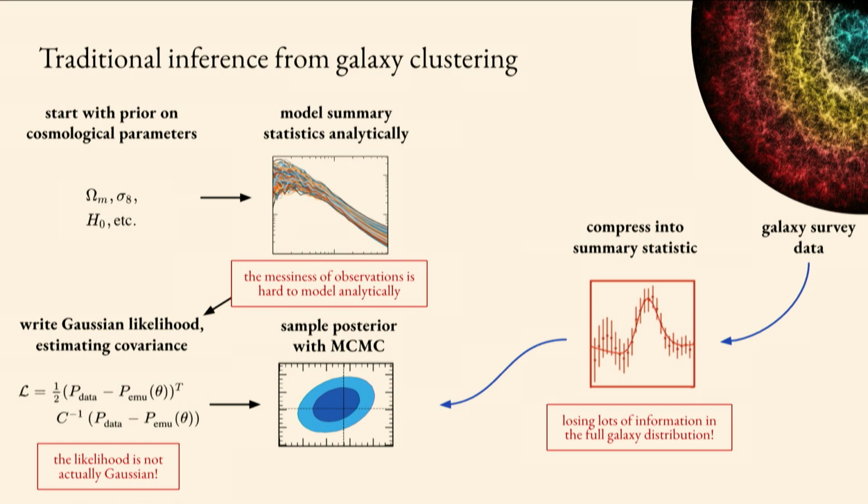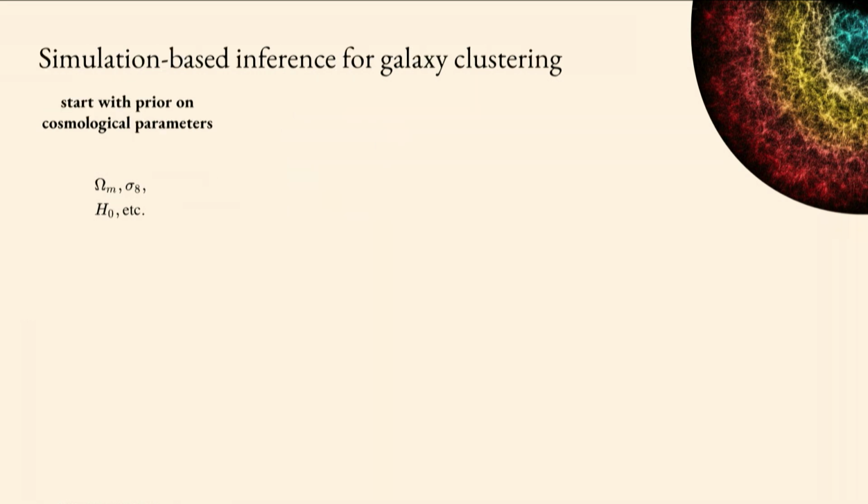And finally, by compressing our beautiful 3D map of galaxies into these like 30 bins of this summary statistic, we're losing a lot of this really rich information. So the idea is we can use simulations and the full power of our modeling to try to directly infer the parameters instead of having to go through some of these steps.